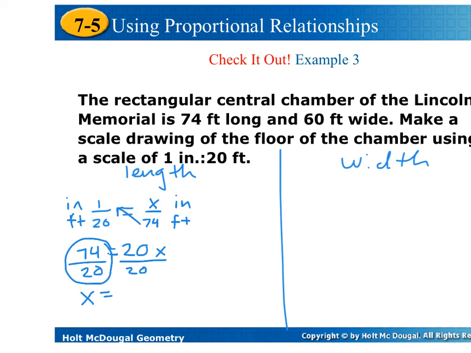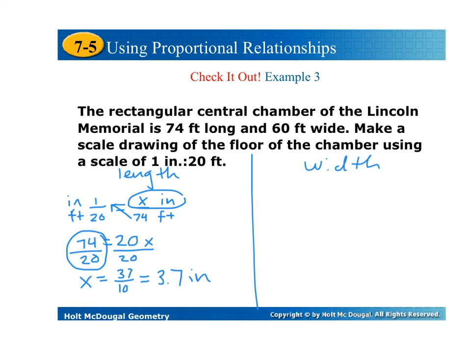Divide by 2. So what do we get on the top? 37 over 10, and 37 divided by 10 would be 3.7. Inches. 3.7 inches. So look, x has inches right next to it, so this has to be 3.7 inches.